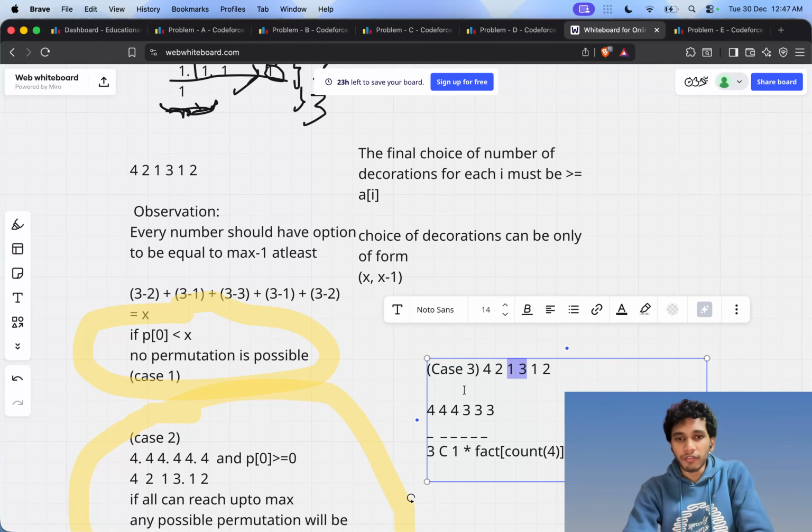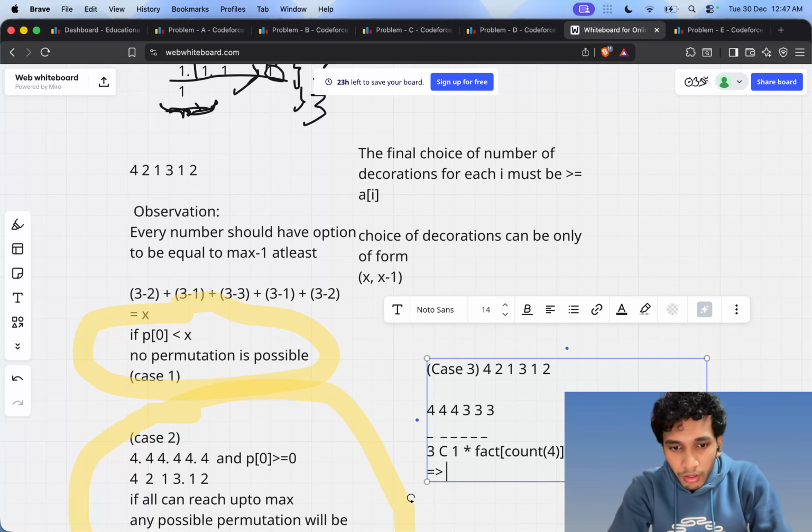And even if 1 comes here, we know that we have P0 in excess, so we can do 3 iterations on any possible permutation, and then one will be left over with us, such that this particular value translates to 4. If you do not understand this part, listen to it again.